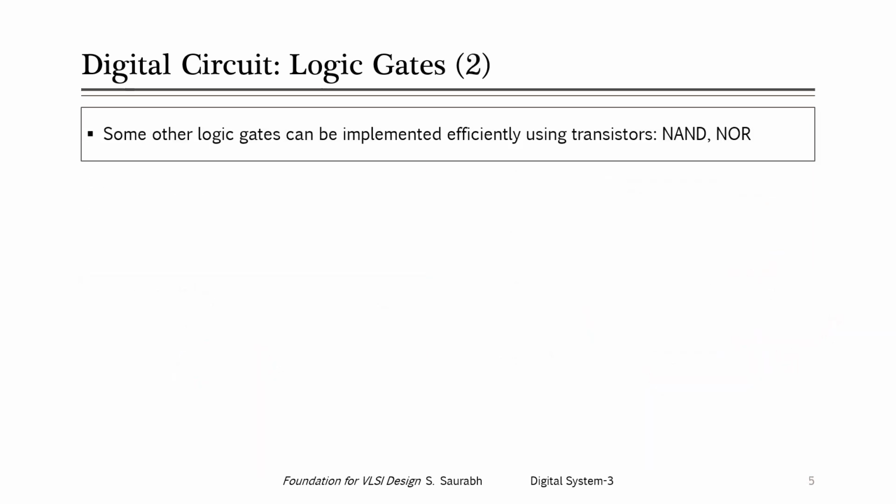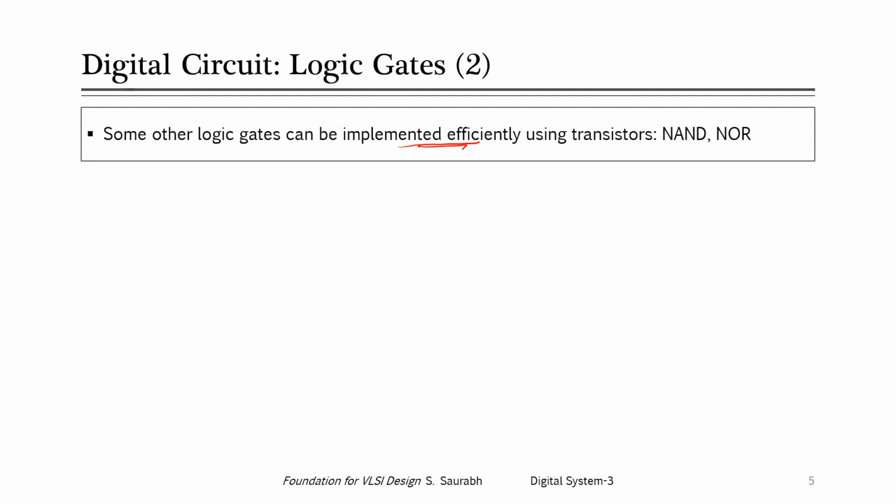Now these logic gates are basically implemented using transistors, resistors, diodes, and so on. And we should understand that the three basic logic gates, AND, OR, and NOT, are sufficient to implement any given Boolean function. However, for a given technology, there can be some other logic gates which can be implemented more efficiently.